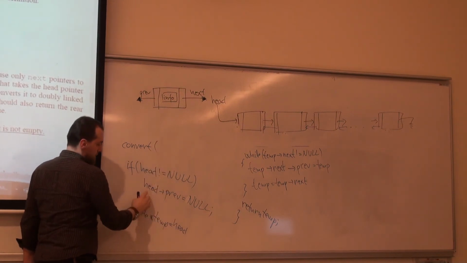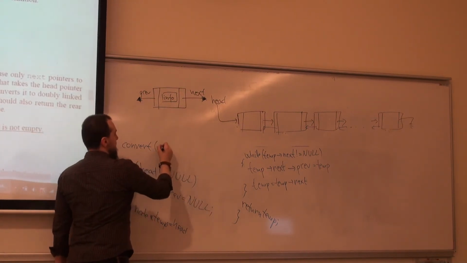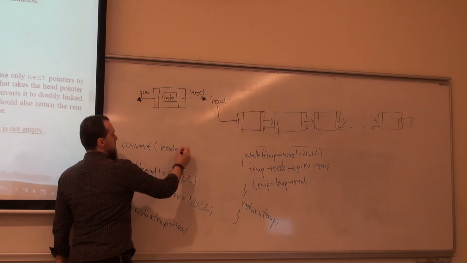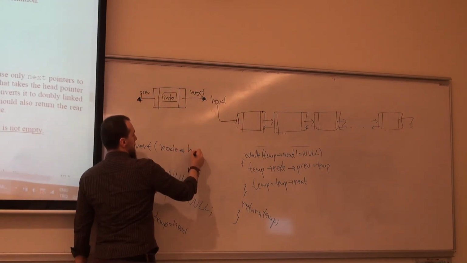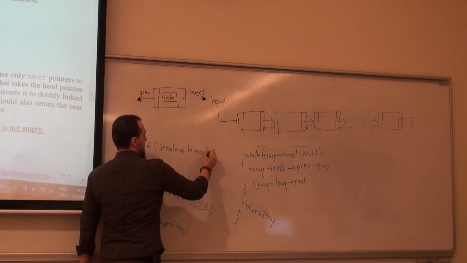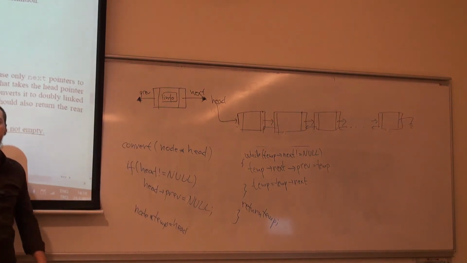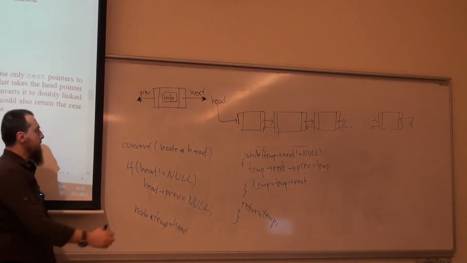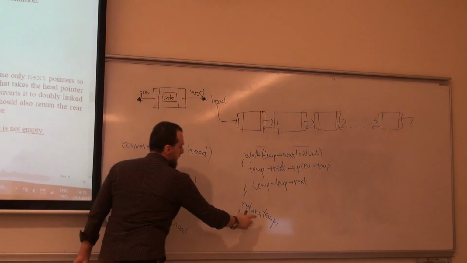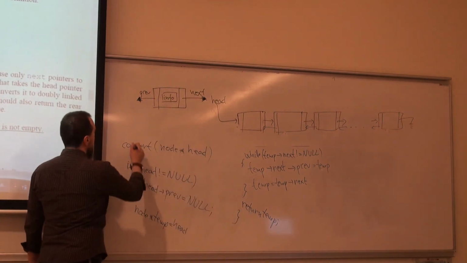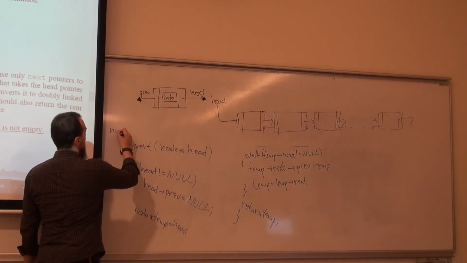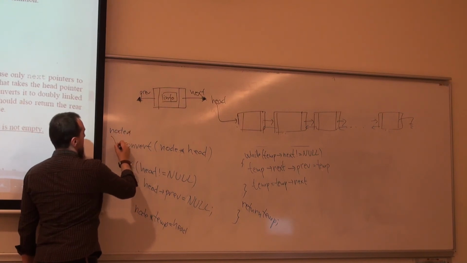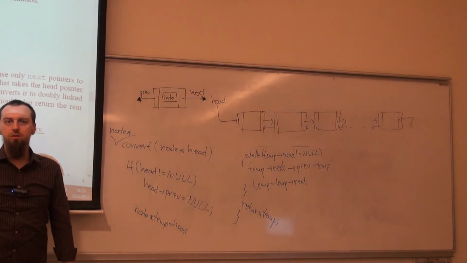We take the head as a parameter, which is a pointer to a node. And what do we return here? Node's pointer also, which is temp in our case, which is the tail, actually. Node star. Is this clear or not?